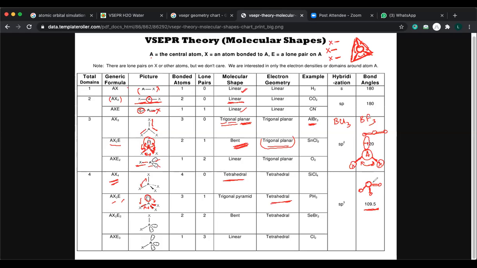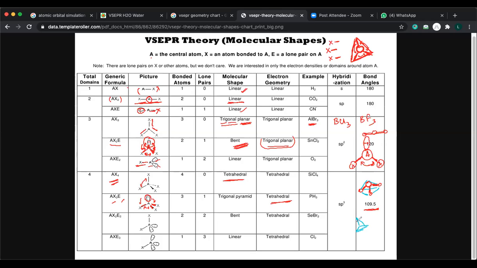So what kind of shape do you observe here? If I were to draw a rough shape, with 3 over here, it's a pyramid.